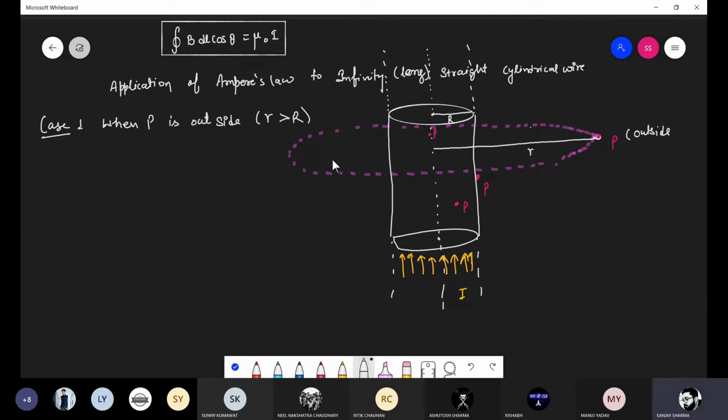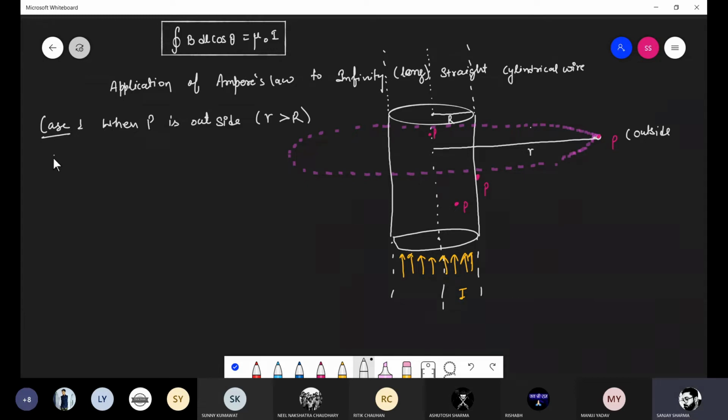ठीक है, so ये हमारे पास Amperian loop है. And also by the right hand thumb rule, since the current is flowing in upward direction, the magnetic field is anti-clockwise around this cylindrical wire, so the magnetic field and the loop element are tangential to each other.